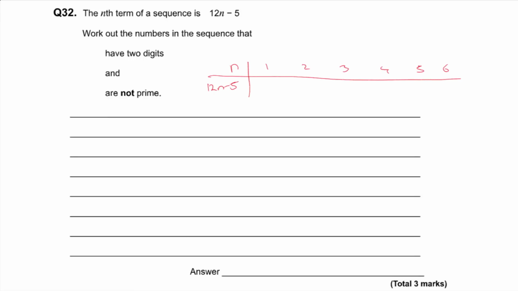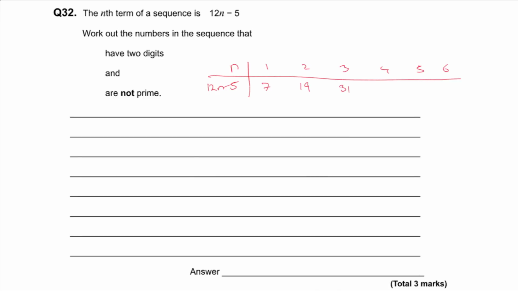Okay, so 12n minus 5 is the rule. So take the value of n, 1, times it by 12, 12, take away 5, that's 7. So 1 comes into this, 7 comes out. When n is 2, 12 lots of 2 is 24, take away 5 is 19. When n is 3, 12 times 3 is 36, take away 5 is 31.